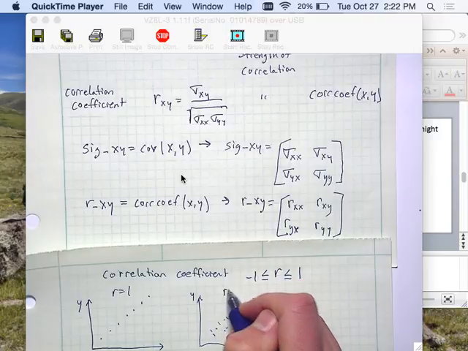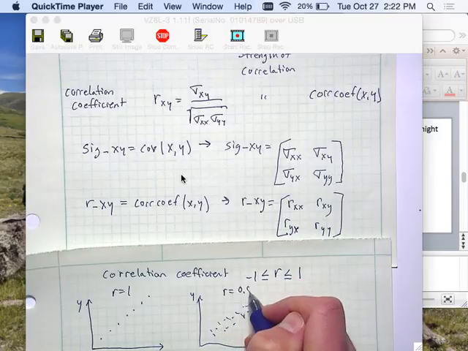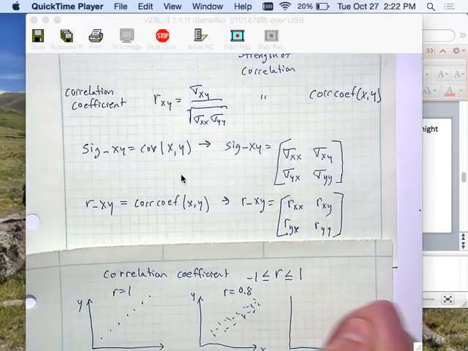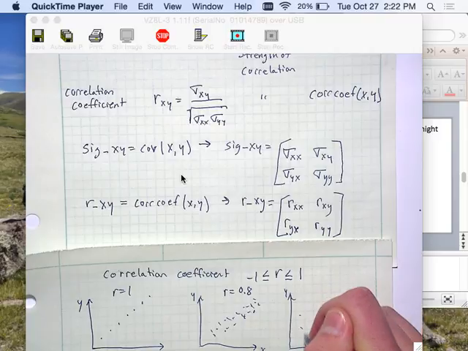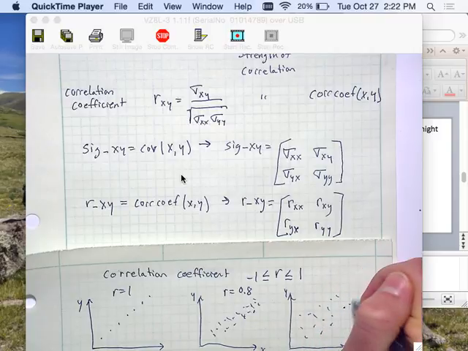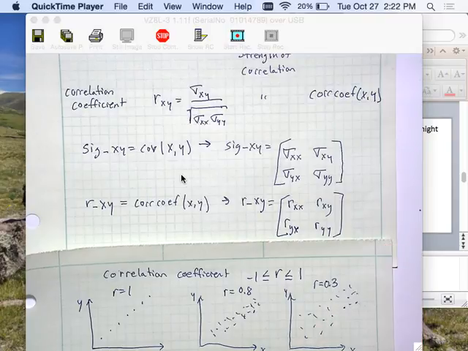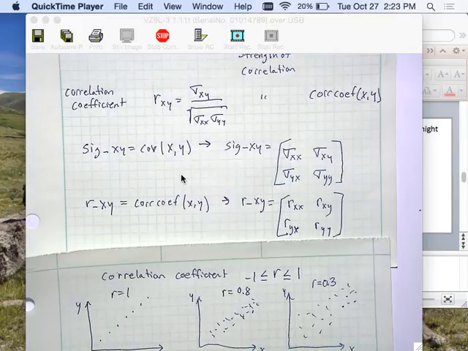This is going to be maybe more like an R equals 0.8. So it's going to be a high positive correlation. And then finally, you can have even more spread than that. It still looks like it's trending upwards, but maybe your correlation coefficient is down to 0.3. So this is going to be a low positive correlation.